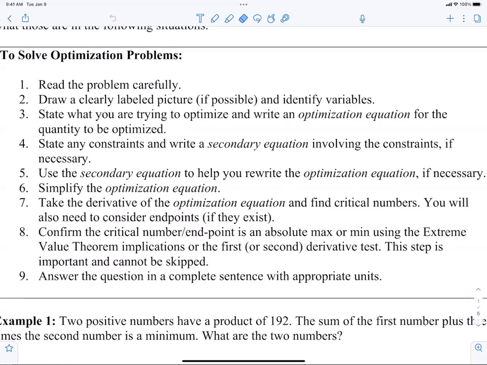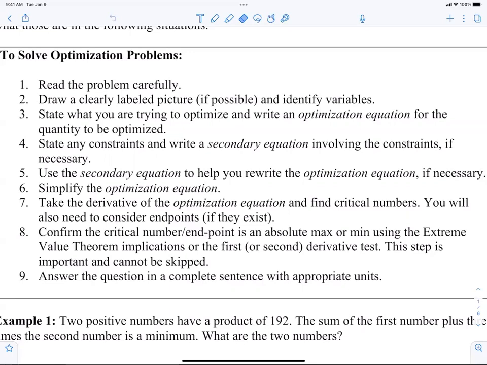Remember, whether you are finding absolute extrema using the implications of the extreme value theorem, or you are using first derivative tests to find relative extrema, you always need to know what the critical numbers are for the function over whatever interval you're working on.